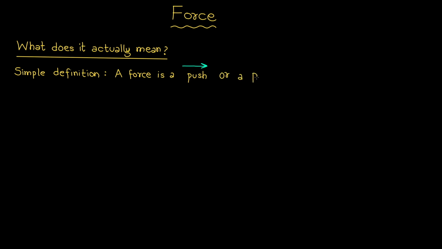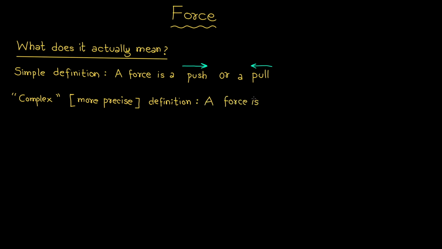Now there's also the more complex, I think a better word would be the more precise way to define what a force is, and that would be that the force is an influence which tends to cause an acceleration. Whether or not this force causes an acceleration depends on whether or not the force is opposed.